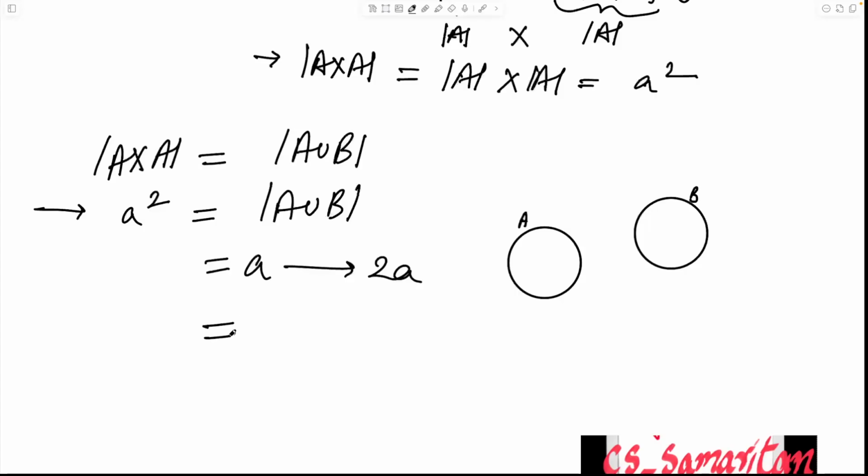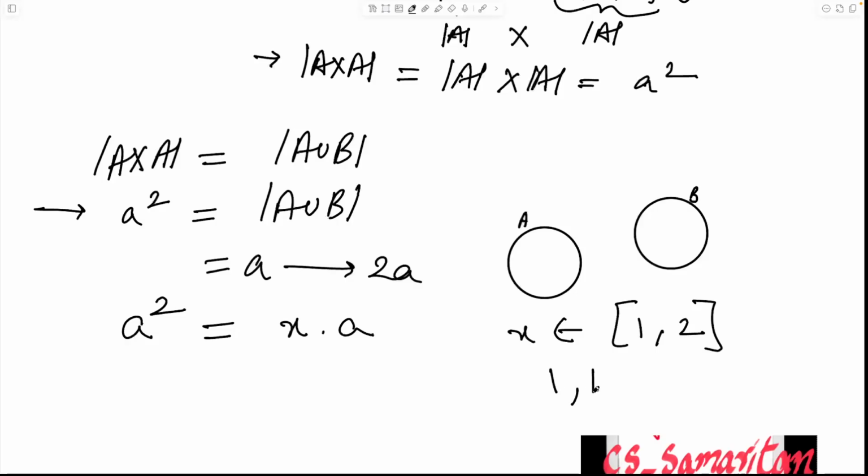That can be written as x times A, which is equal to A square, right? Where x belongs from 1 to 2, both included. That is 1, then 1.1, 1.2, and all possible values that may exist from 1 to 2, and then 2. These are the possible values that x can take, right?